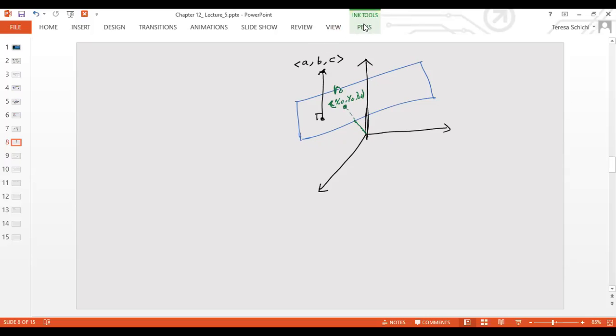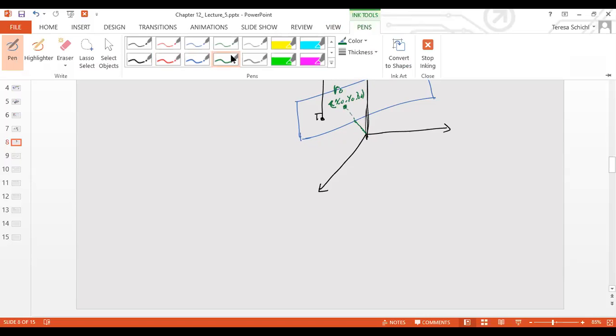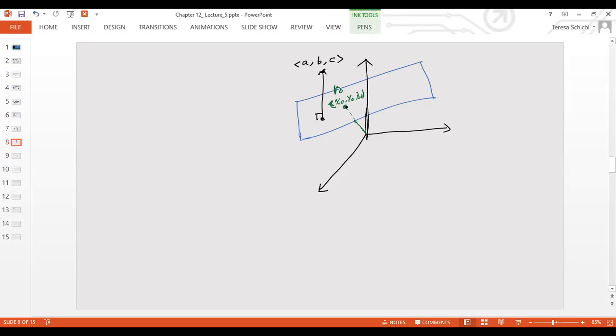Now in the plane, we can have any other point. I'll call it x, y, z. It's just like when we were in R2, where we said any other point x in the line. So that means any other point x, y, z.